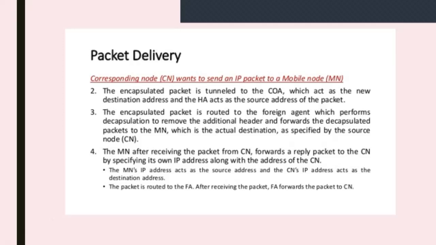HA is the home address and COA is the care-of address. The encapsulated packet is routed to the foreign agent, which performs decapsulation to remove the additional header and forwards the decapsulated packets to the mobile node, which is the actual destination as specified by the source node, CN, the corresponding node.